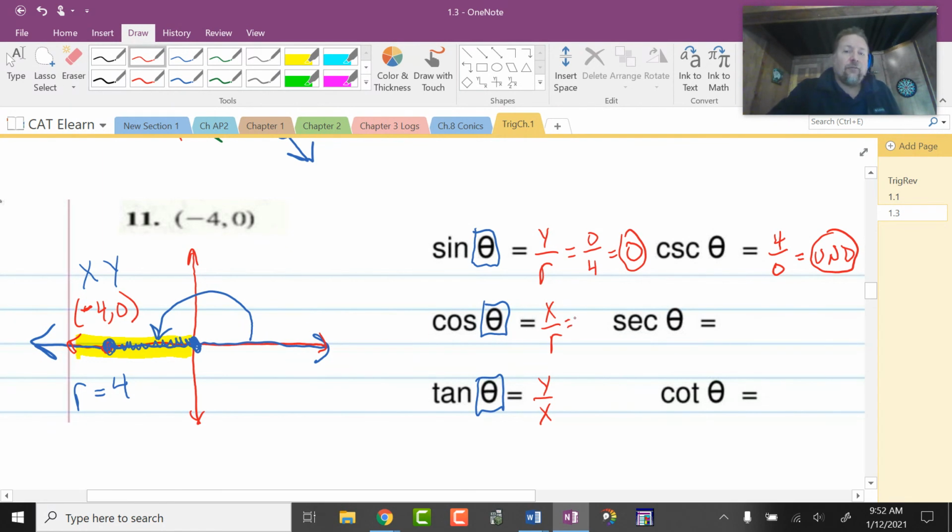Cosine is -4/4, which is -1. Make sure I did that. Kind of did that fast. Yep, kicks. And then flipping -1 is still -1. So the reciprocals are pretty easy. Tangent, hey, take tan of 180. You'll get 0, as long as you're in degrees.